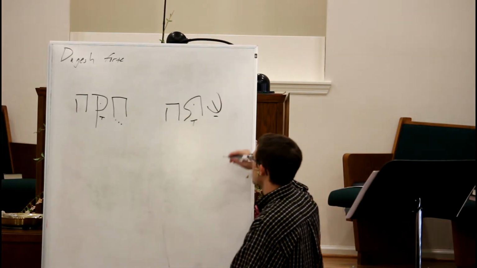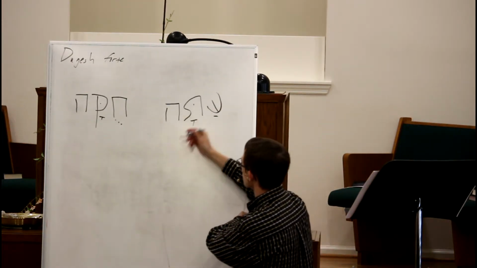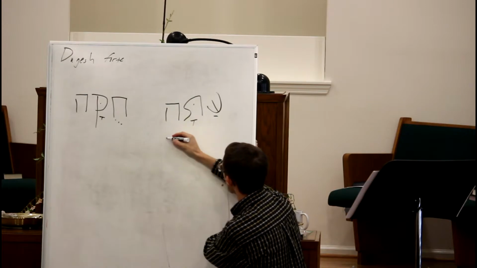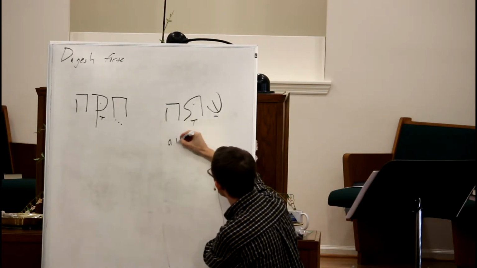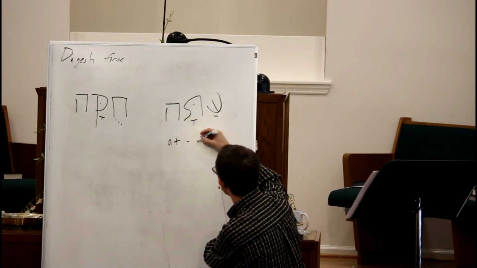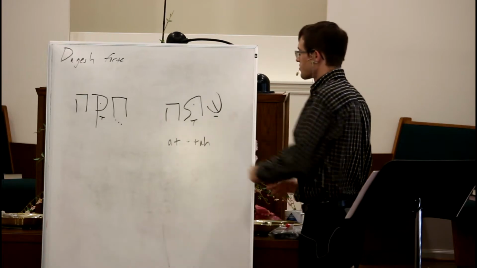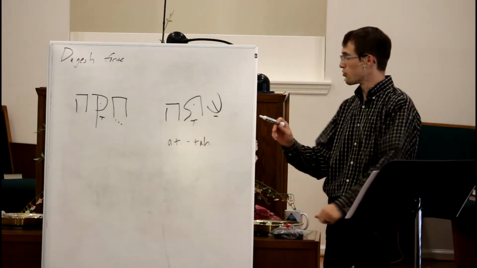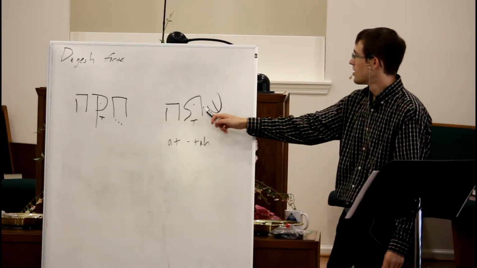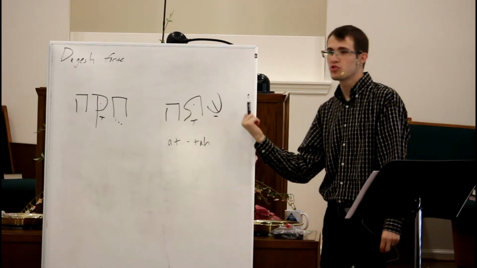So how we would transliterate and syllabify this word in English: at, ta. You see, there are two T's because the Dagesh doubles it. And so at, the tav is used in the first syllable.